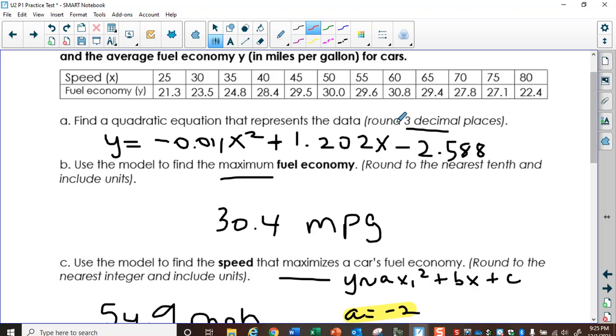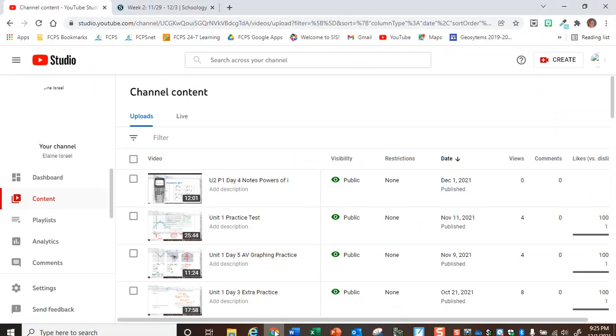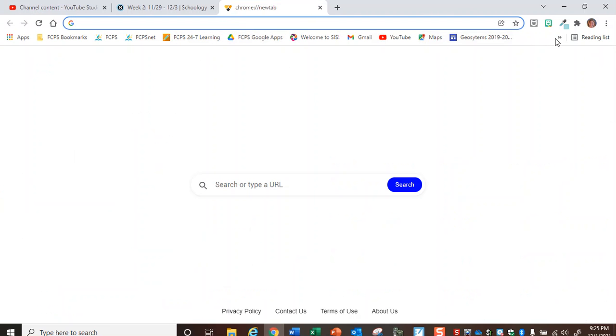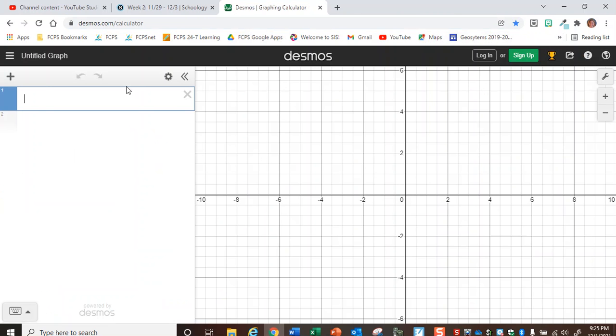Okay, and then what you're going to do here is you're going to put the information into the table. So you go into Desmos. And you're going to add your table of data here.